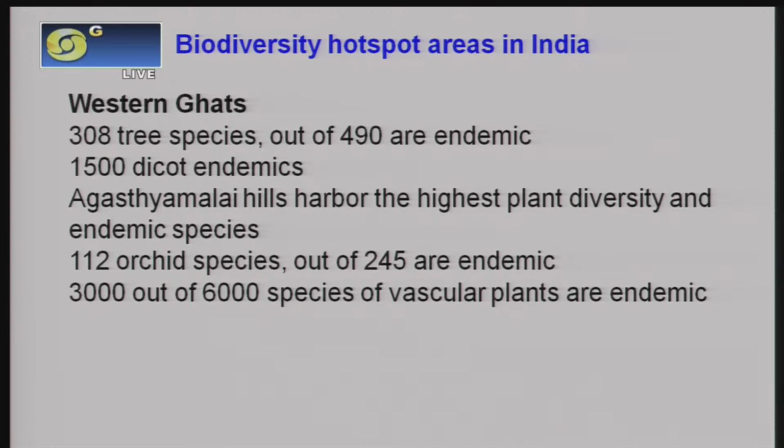Second, if we go to Western Ghats, 308 tree species out of 490 are endemic. 1500 dicot endemics. Agastya Malai Hills harbored the highest plant diversity and endemic species. 112 orchid species out of 245 are endemic. 3,000 out of 6,000 species of vascular plants are endemic.